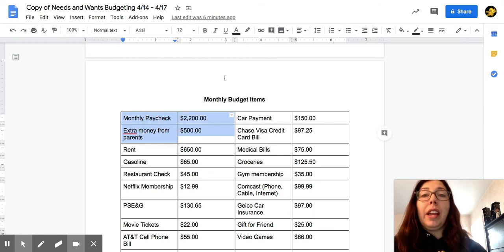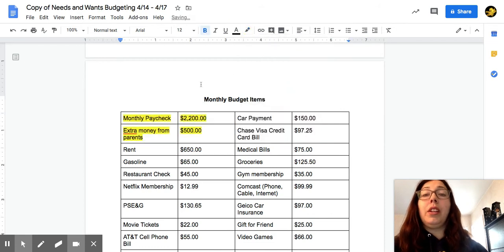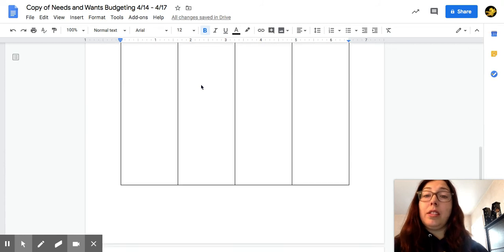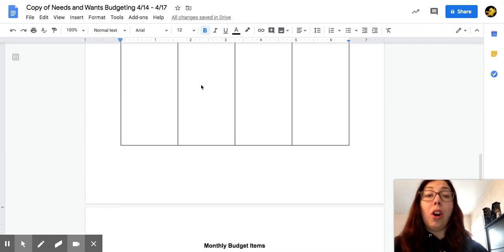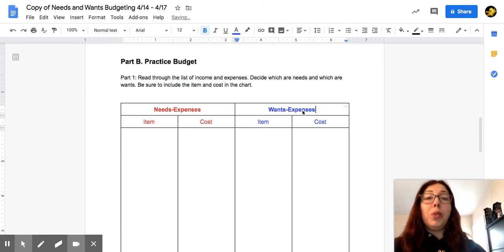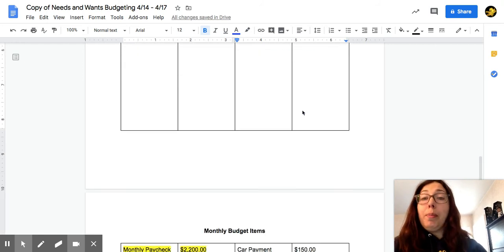These are both income, so they are not going to be included on your list up here because they're not needs or wants. Remember, our needs and our wants are our expenses. These are things that are going to take money out of our bank account, and we need to make sure we budget for them.